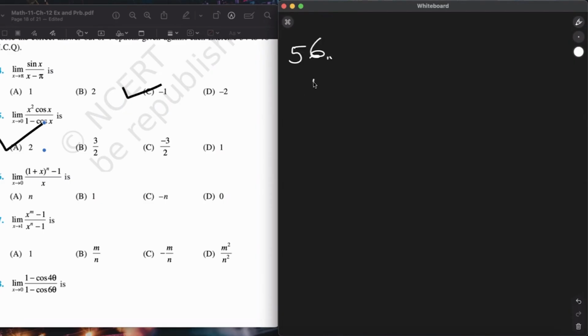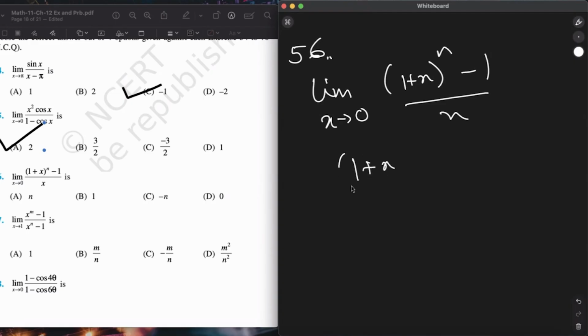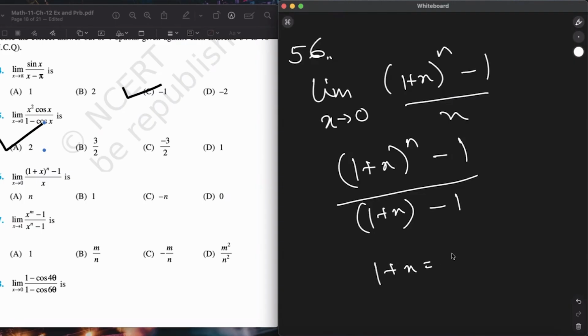Now next up, question number 56. We have been given the limit as x tends to 0 of (1 plus x) raised to the power n minus 1, divided by x. So what can we do in this? Plus minus 1 can help us: (1 plus x) to the power n minus 1, and the denominator x is (1 plus x) minus 1. I'll just put 1 plus x equal to y.